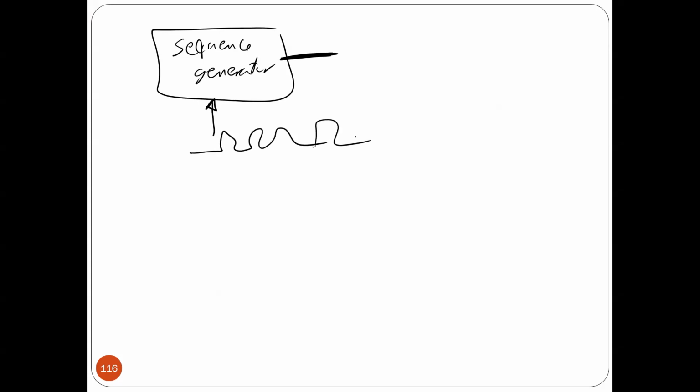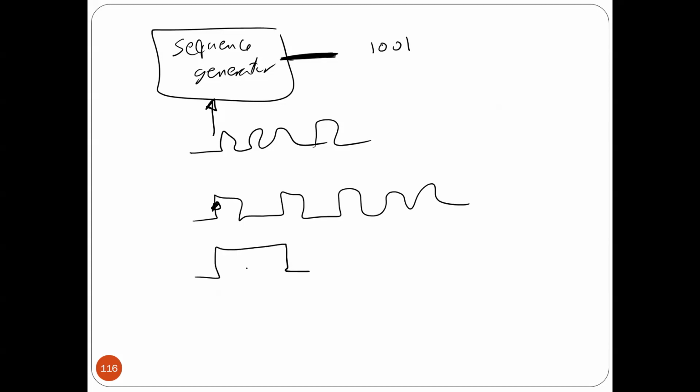Sometimes you have only one output here, and that's what we do next week for the first part of the project. For example, if the sequence I want to generate is 1001, then in the first cycle you get number one.